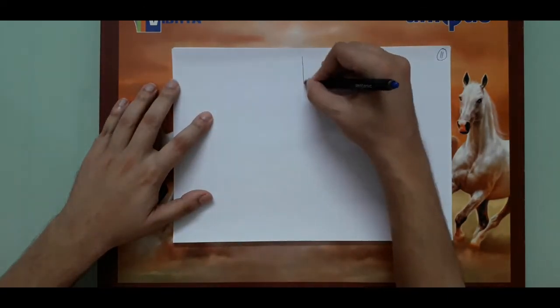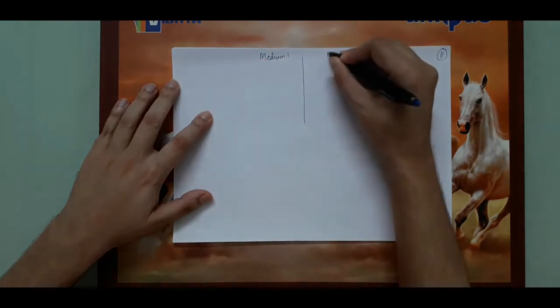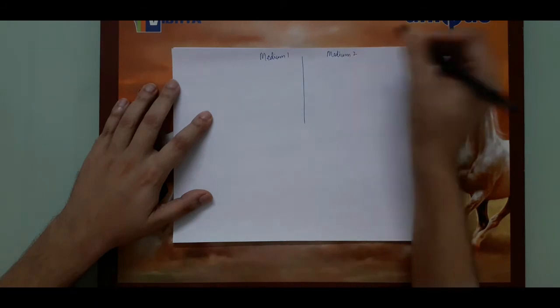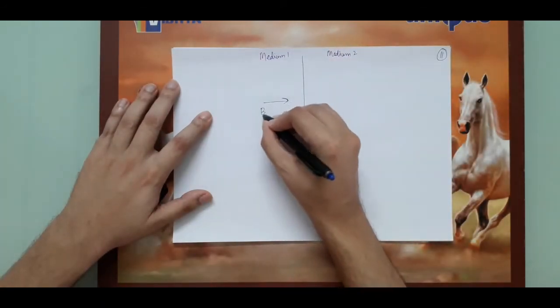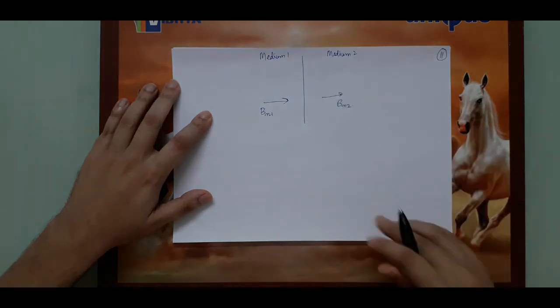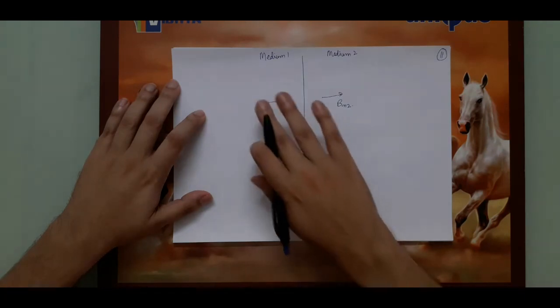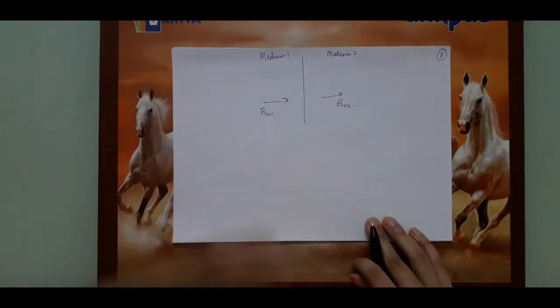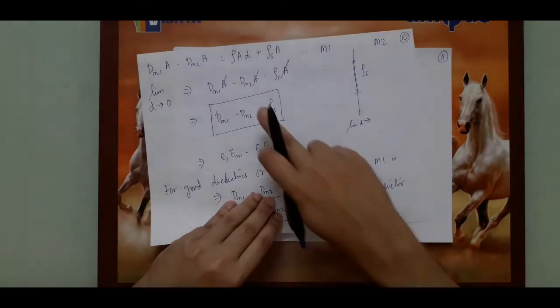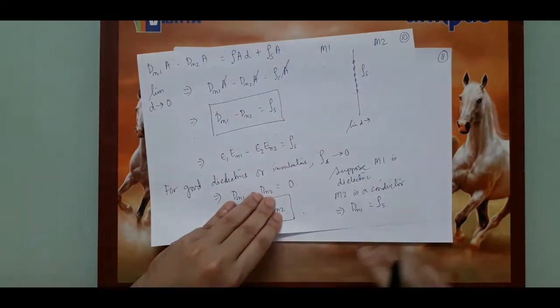Suppose we again have a medium boundary. Suppose I have some normal component of the magnetic flux density, Bn1 and Bn2. If I apply Gauss's law for the magnetic field onto Bn1 and Bn2, I don't even need to do anything. Just by looking at the analysis for the electric field, I will get Bn1 minus Bn2 equal to the magnetic charge density, which is always 0.